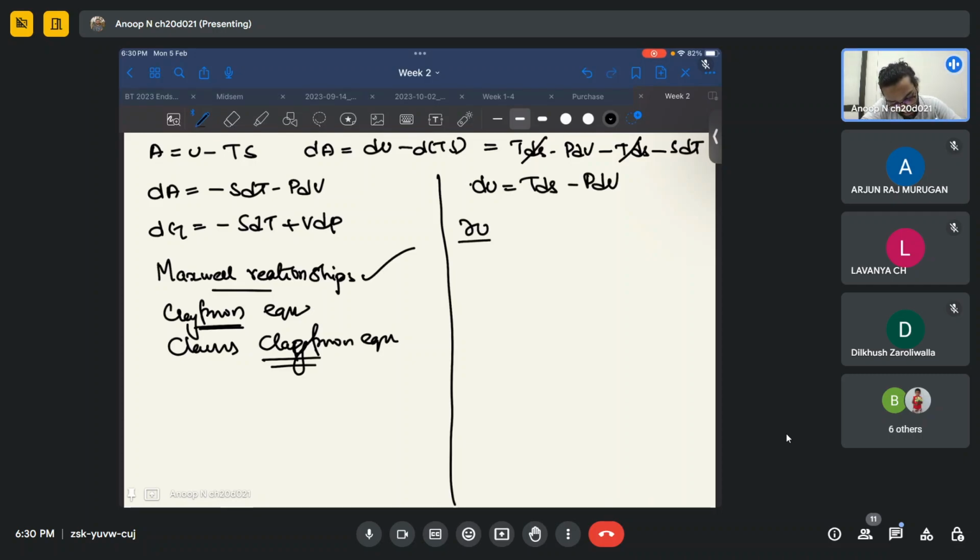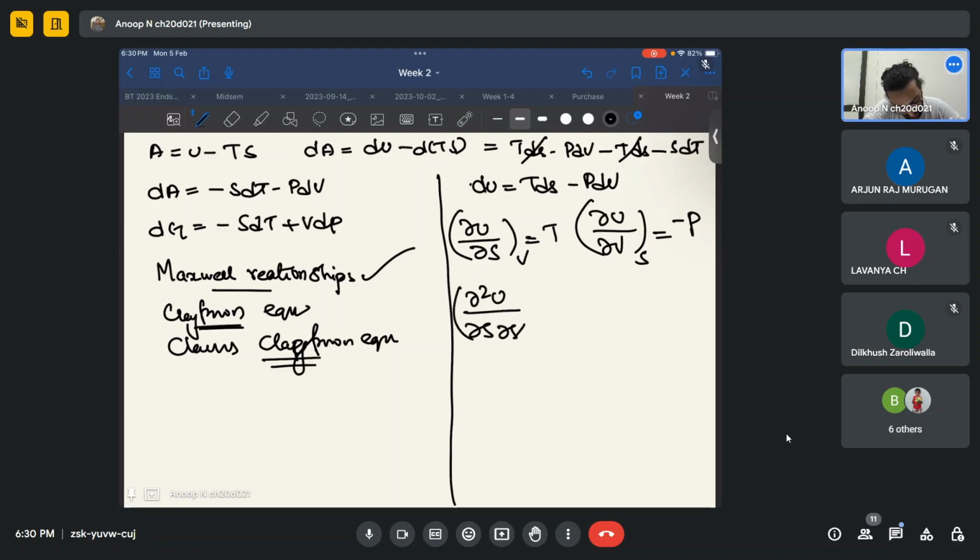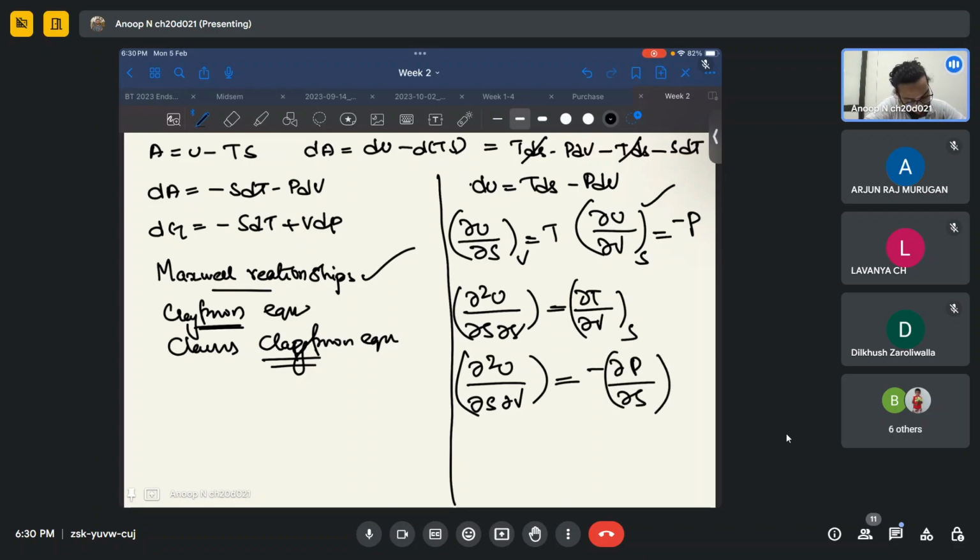I will take the derivative: dou U by dou S at constant V is equal to T. Similarly, dou U by dou V at constant S is equal to minus P. Again, taking second derivatives, dou square U by dou S dou V will be equal to dou T by dou V at S. Similarly, the other second derivative will be equal to minus dou P by dou S at V. So the Maxwell relation is minus dou P by dou S at V equal to dou T by dou V at S.